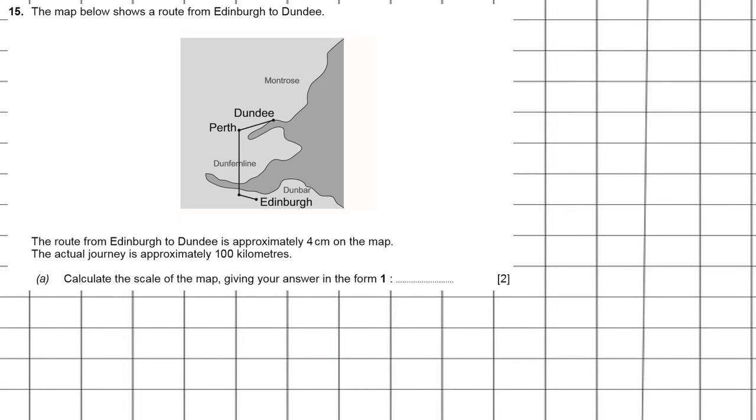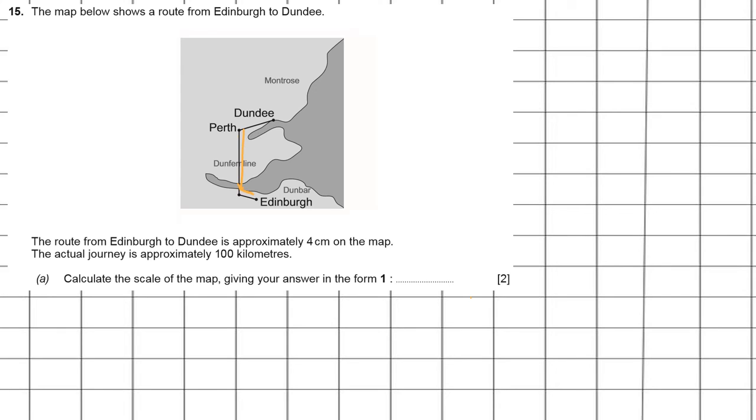15. The map below shows a route from Edinburgh to Dundee. The route from Edinburgh to Dundee is approximately 4 centimetres on the map. The actual journey is 100 kilometres. Calculate the scale of the map, giving your answer in the form 1 to something. So it's 4 centimetres, yeah?